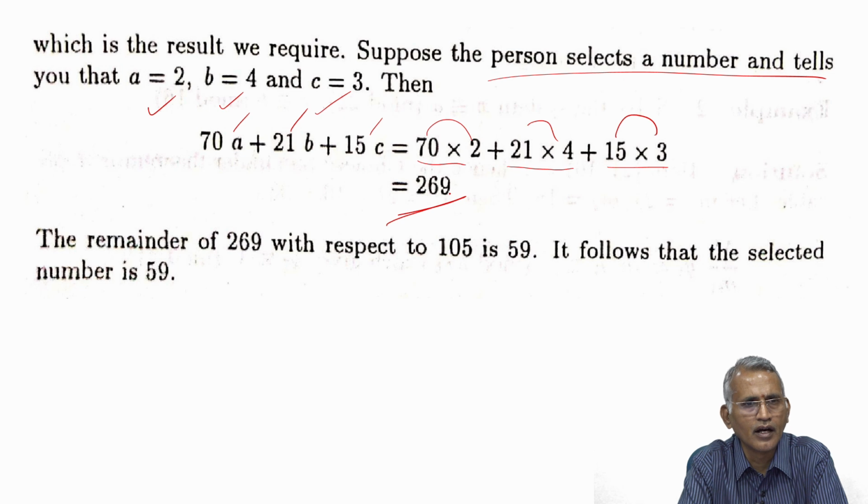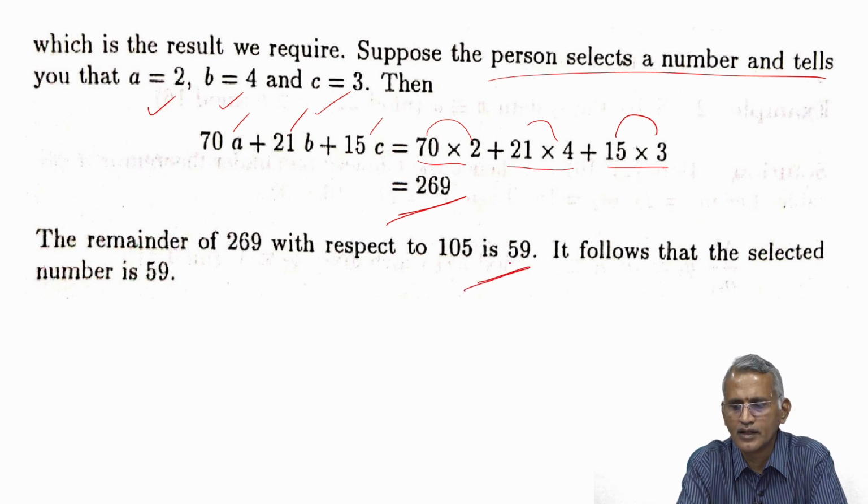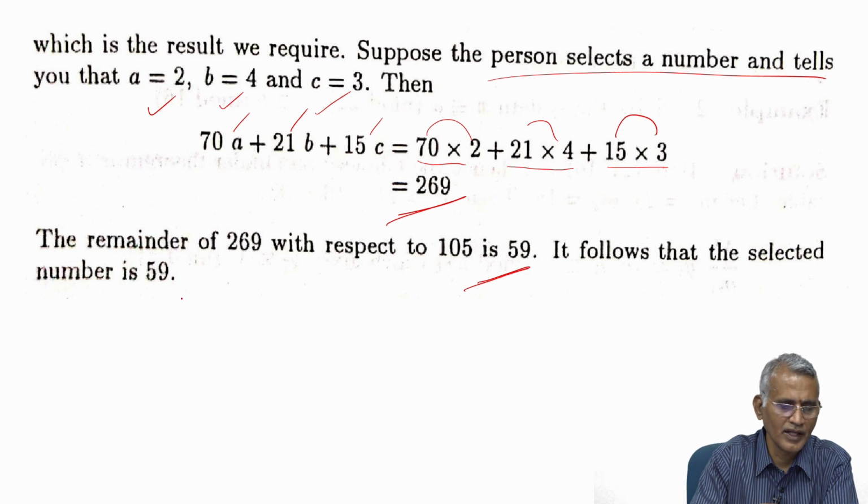Therefore, you take the value 269 with respect to 105, the remainder is 59. So, it follows that the selected number is 59.